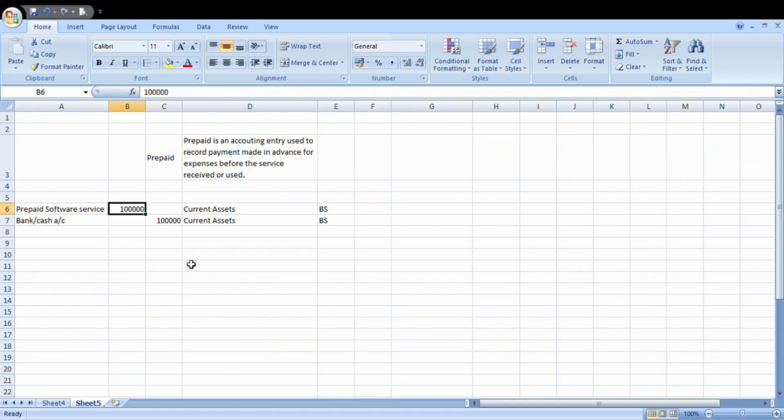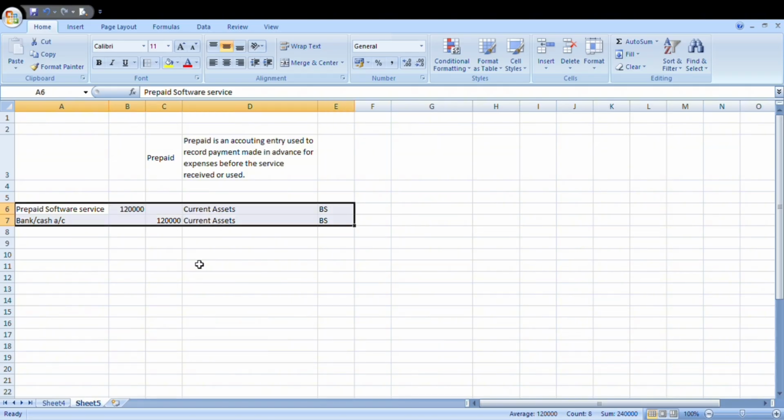This is 12 months, per month 10,000. So I paid for the entire year.